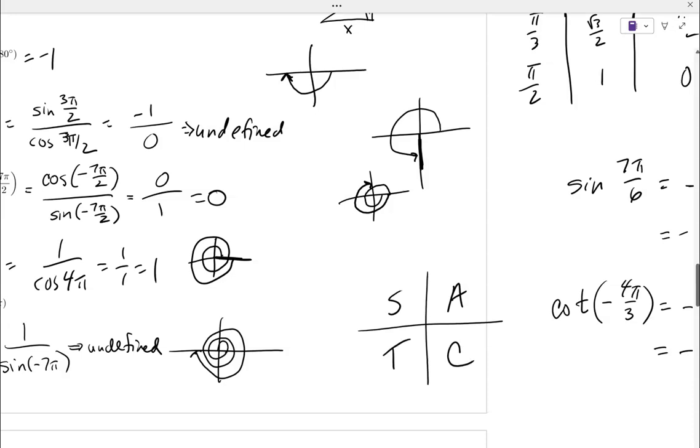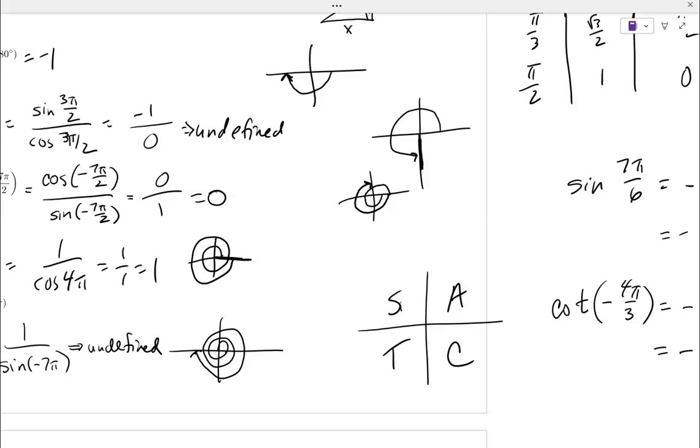This just means that they are all positive in this quadrant. Sine is positive in this quadrant, so cosecant would be as well. This one means tangent, that one means cosine. So the way some people remember is all students take calculus. I'm not saying that's the way you should remember it. I'm just saying it is a mnemonic device that some people like to use to say which ones are positive where.